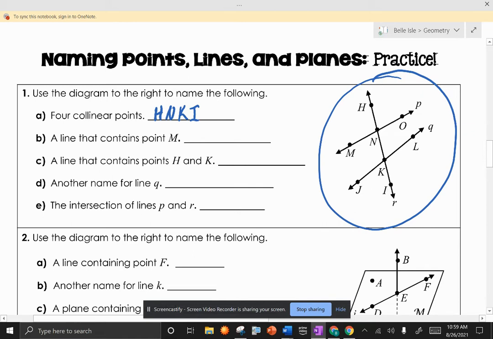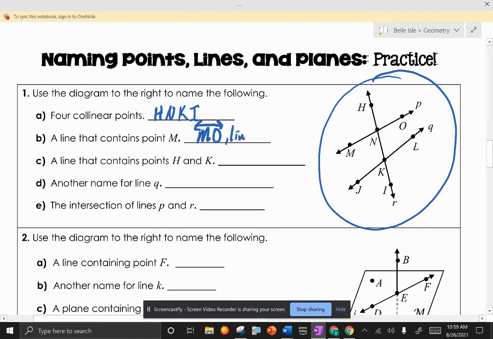B, a line that contains point M and point P. So you could do line MP. What do you want to call it? Do you need to list 3 points? You don't have to. Are there lots of different ways to list this? Yes.